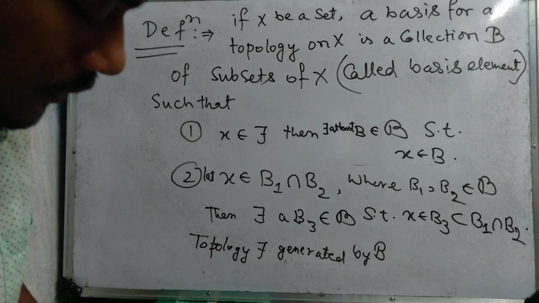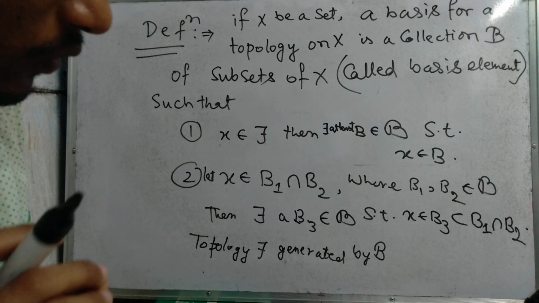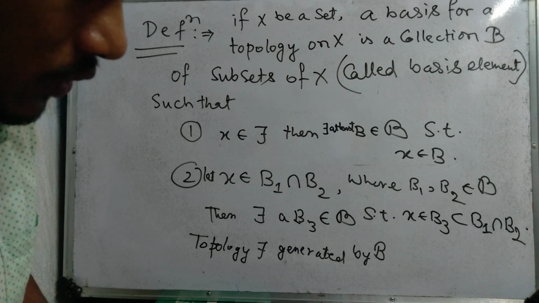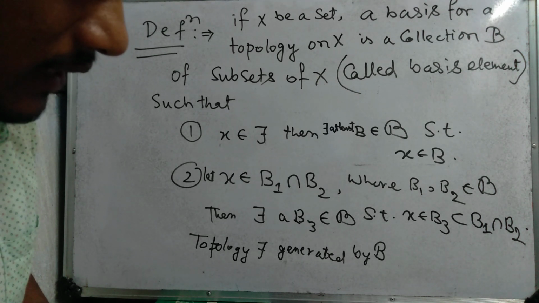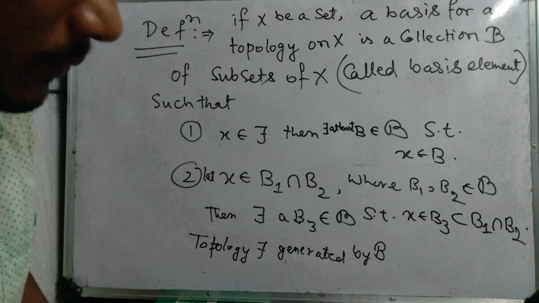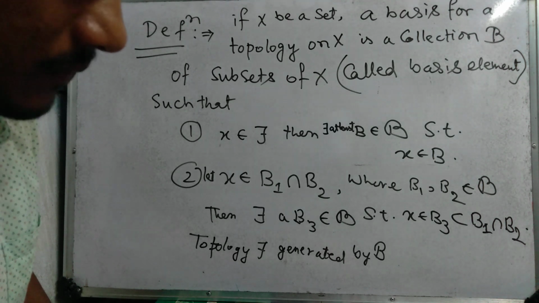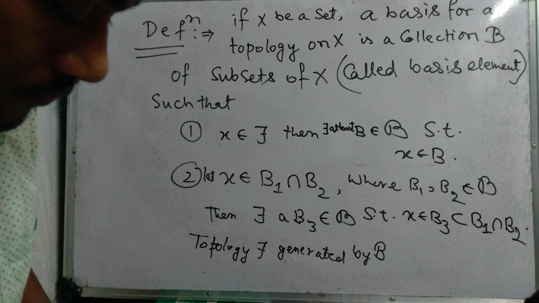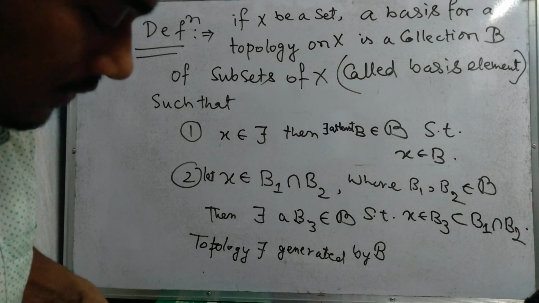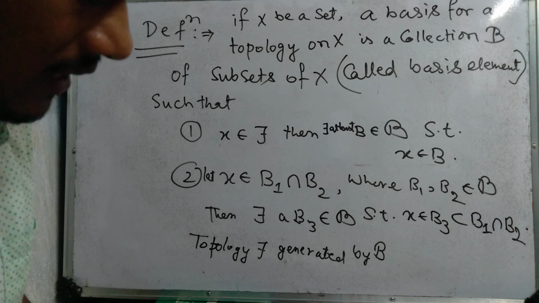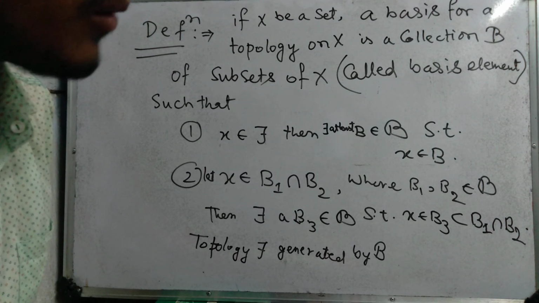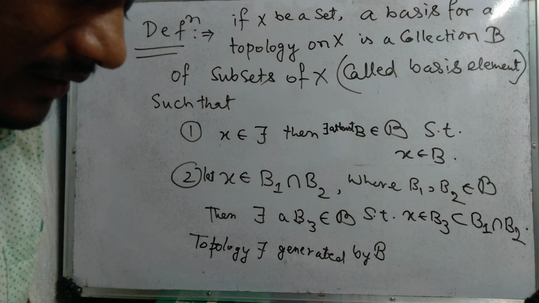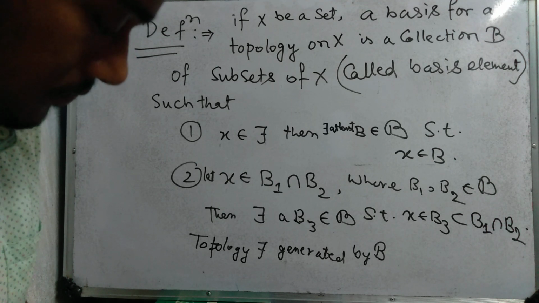A subset U of X is said to be open in X if for each x belonging to U, there is a basis element B belonging to script B such that x belongs to B and B is a subset of U. Note that each basis element is itself an element of this topology. That means basis elements are elements of the topology.